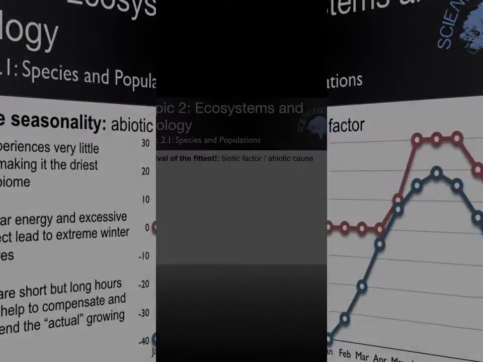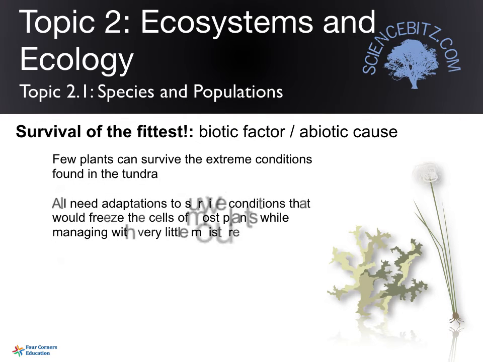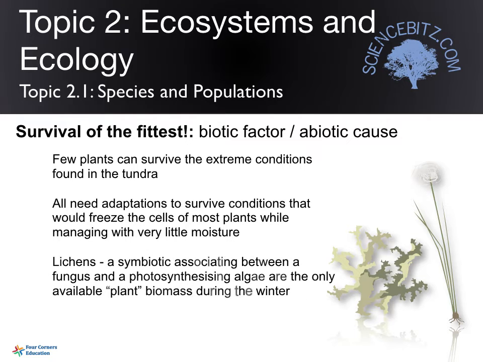The result of this is that very, very few plants can actually survive in these extreme conditions. And they all need adaptations to actually survive, because otherwise their cells would freeze. So most of the productivity comes from these things called lichens. Now, lichens aren't actually plants. What they are is an association between a fungus and a photosynthesizing algae.